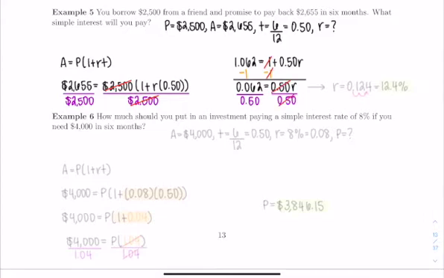So the right hand side cancels, and we're going to get R all by itself. And so we get R equals 0.124. And converting this to a percentage, we are just going to move our decimal to the right 2 spots, which gives me 12.4%.